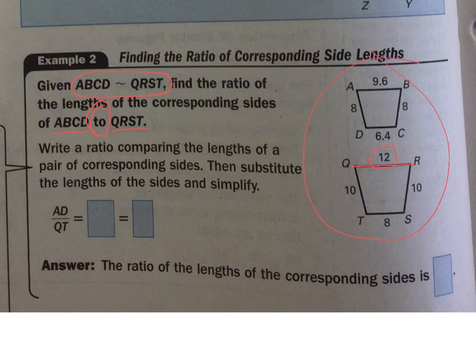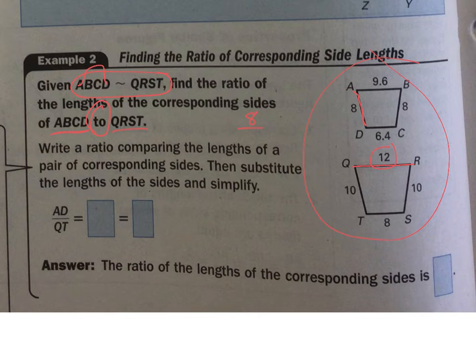Whichever one is listed first has to be the numerator. So I have to select one of the sides from the first quadrilateral. So pick one, Carson, now from A, B, C, D. 8. She picked 8, which corresponds to AD. So I'm going to go 8 over.